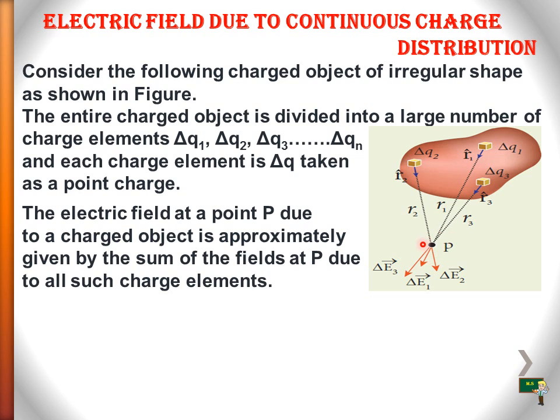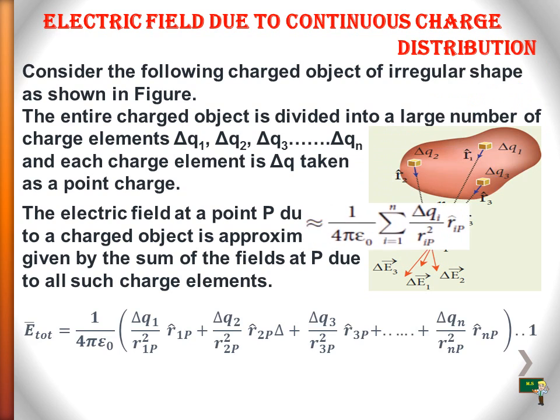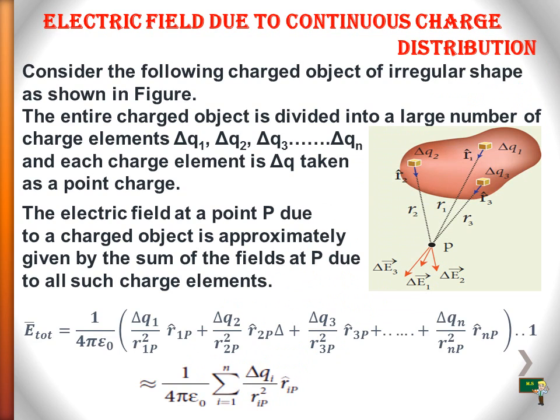So at P we have the sum of the electric fields. That's why we put the total electric field here. Already in the last class we came across these words, sum of the fields at P.